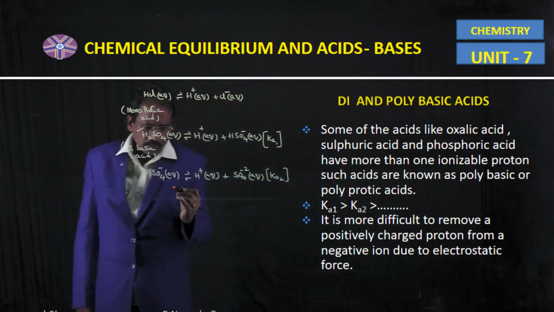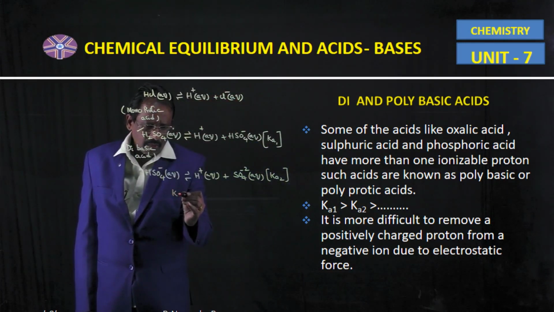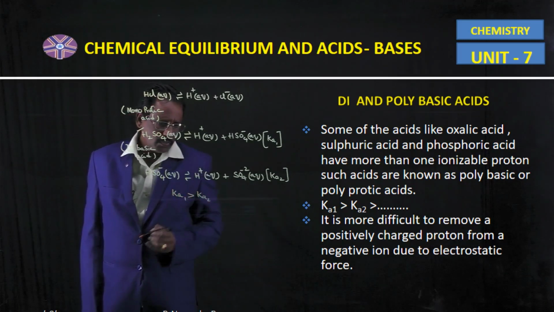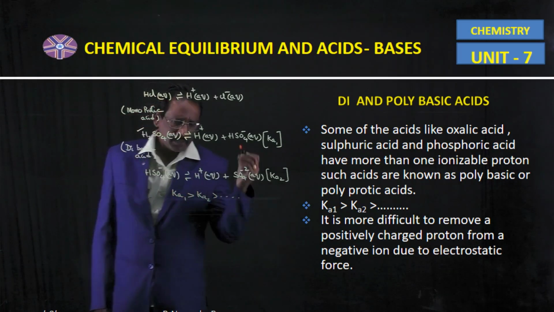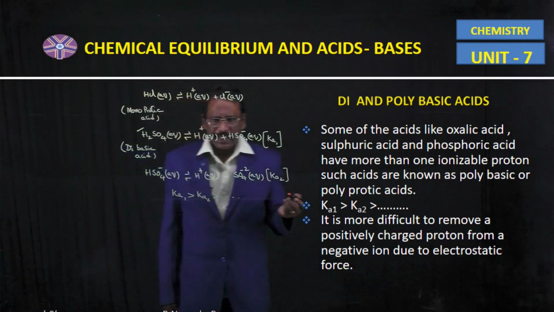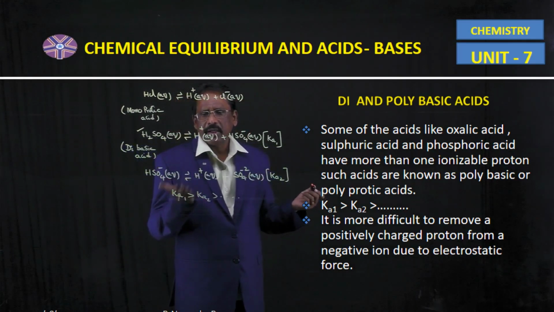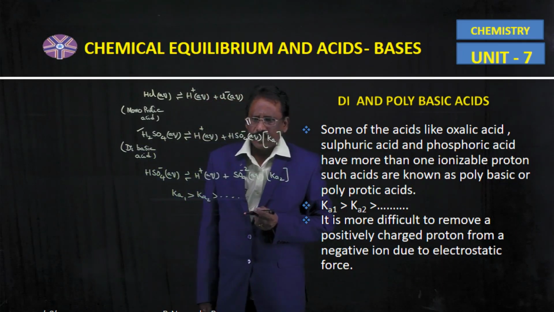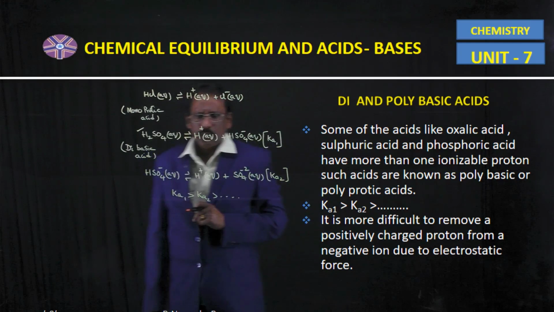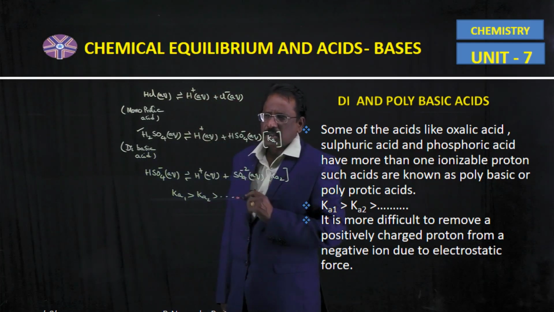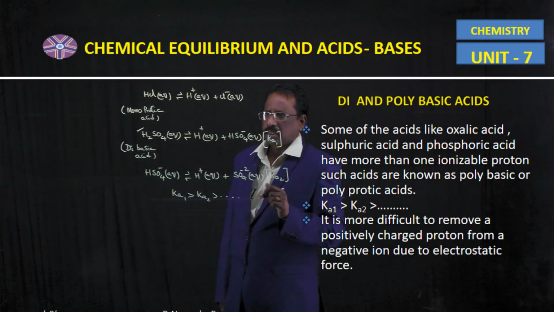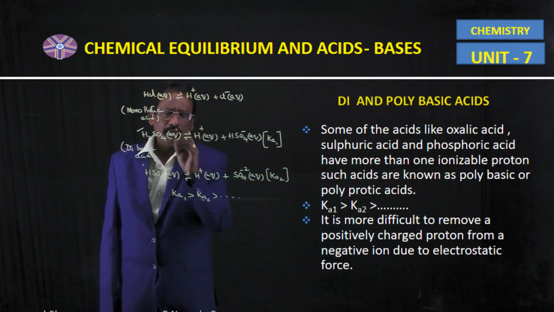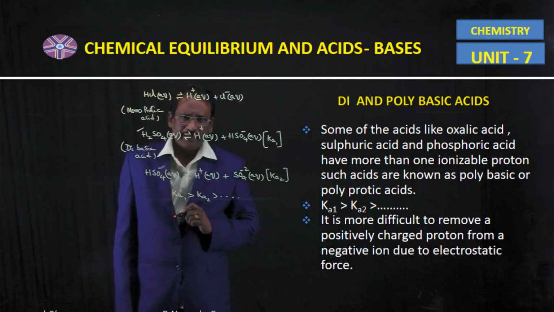Among these 2, Ka1 is more than Ka2 and so on. Suppose if it is tribasic acid, it is also having Ka1, Ka2 and Ka3. Among Ka1 and Ka2, Ka1 is more because it is very easy to remove proton from a neutral acid.